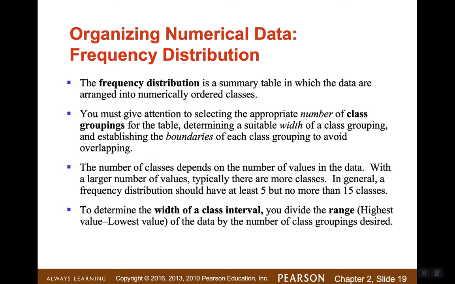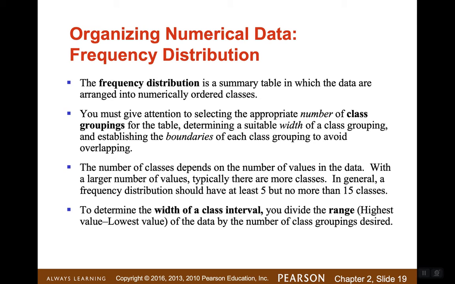The second approach is something we call a frequency distribution. A frequency distribution is a summary table in which data is organized into numerically ordered classes. So we break things into different classes at different ranges.